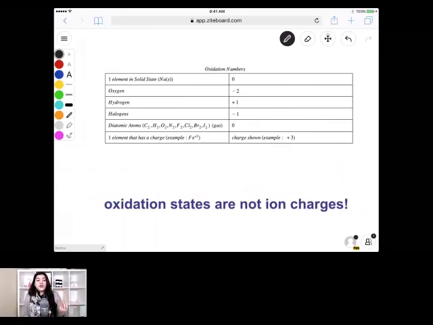Essentially, it's a temporary charge that tells us what that element is within that compound, but it's only used to figure out if the electrons are being oxidized or reduced, or if the electrons are being gained or lost. So this is the overall concept of oxidation numbers. It tells us the charge of that element within the compound.